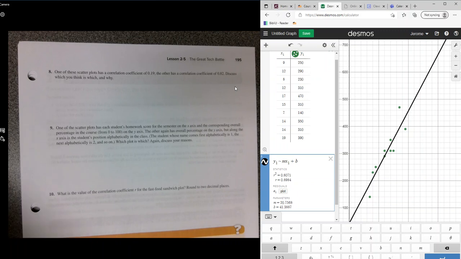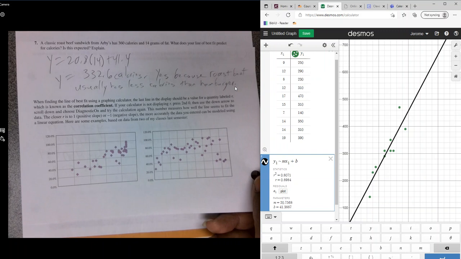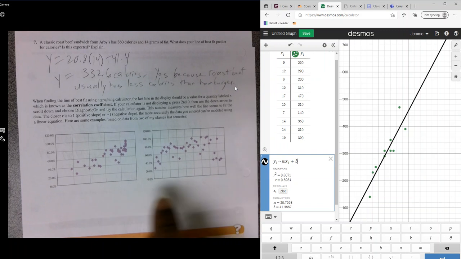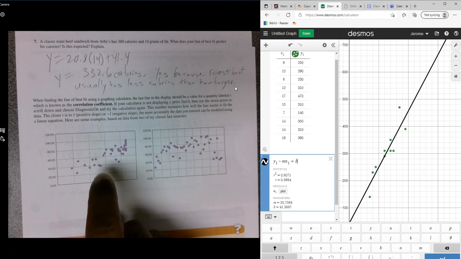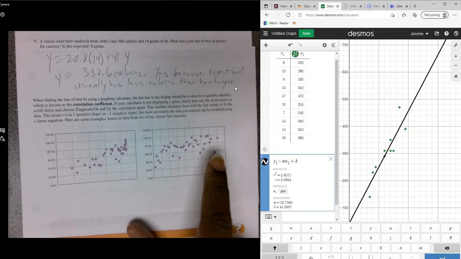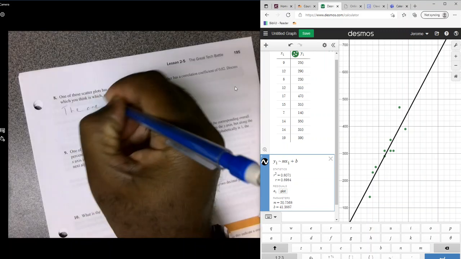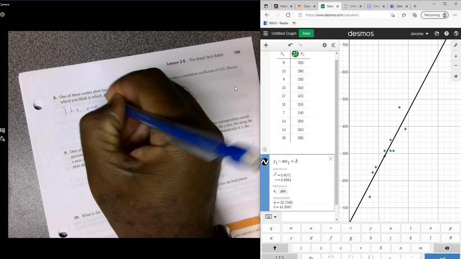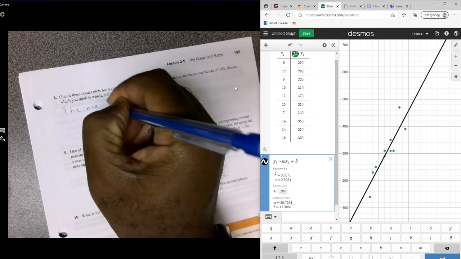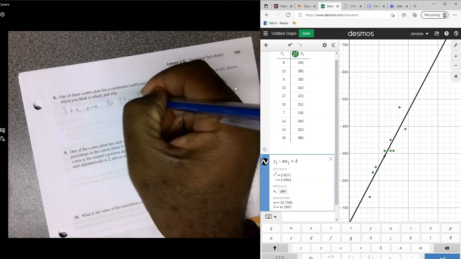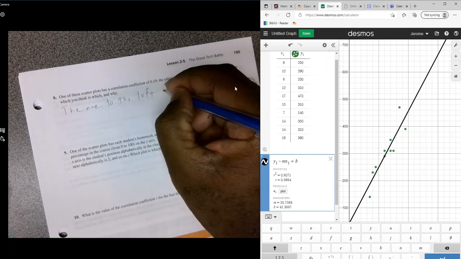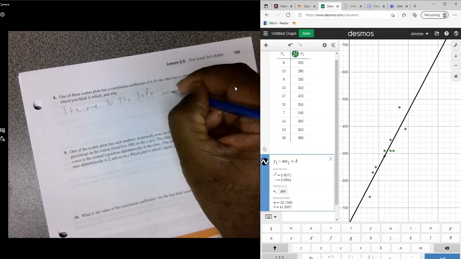The one to the right is more scattered. So we would say the one to the left would have the 0.82 correlation coefficient.